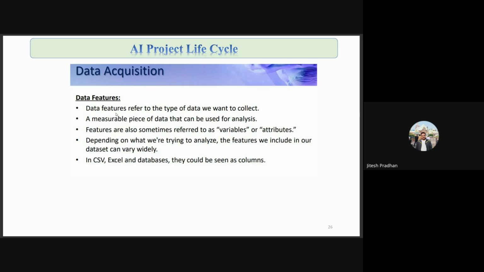Data features refer to the type of data we want to collect. It's a measurable piece of data that can be used for analysis, sometimes called variables and attributes, whatever kind of feature you want to use. If you have to collect unstructured data and prepare it for a machine learning model, then you have to do some feature extraction and feature engineering, so that you extract unique features and put them in a CSV format, so that the CSV can be used for your model training. So that is the data feature.